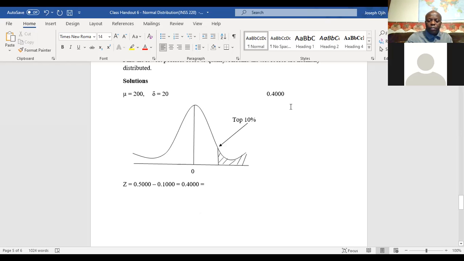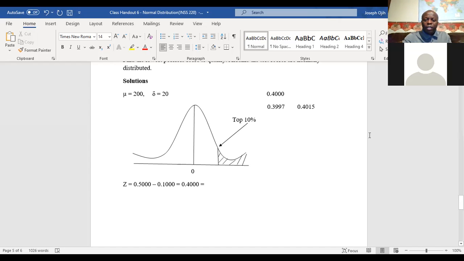Then we found two numbers, 0.3997, and the second number we found was 0.4015.